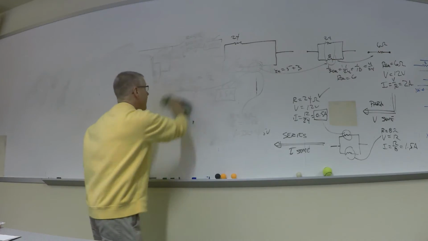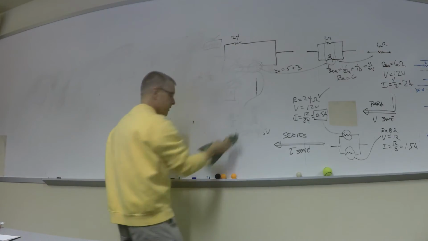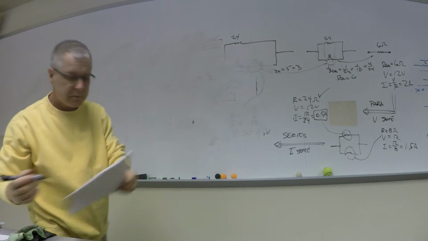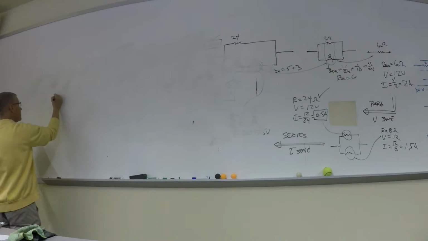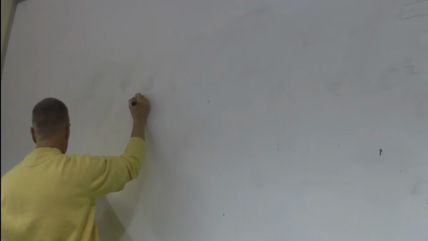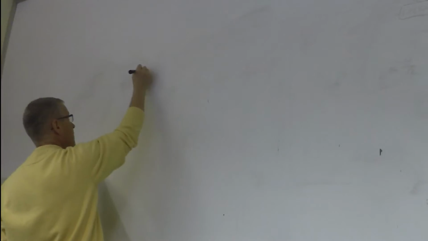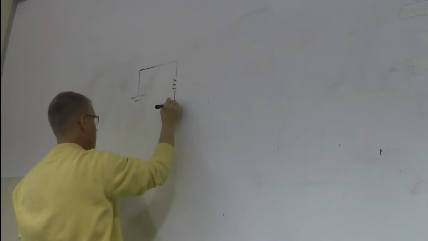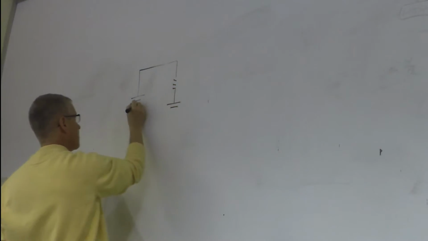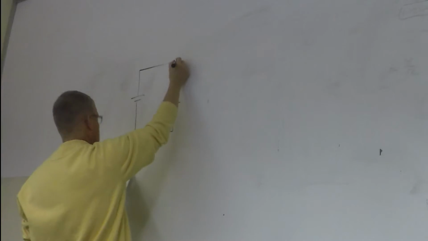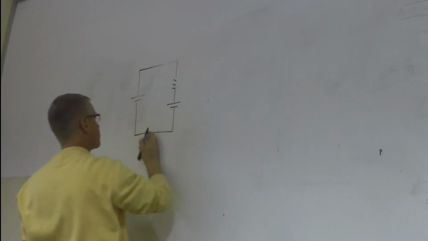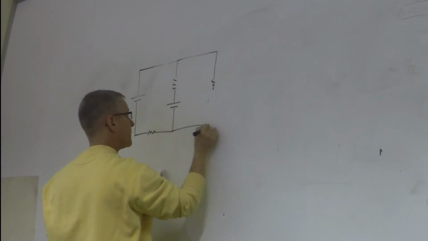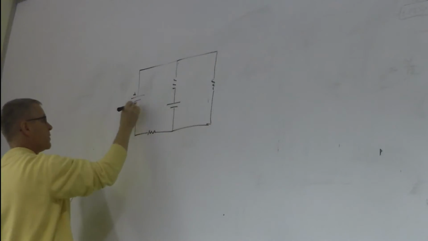So let's say we've got a circuit that looks like this. And let's put some numbers on here.